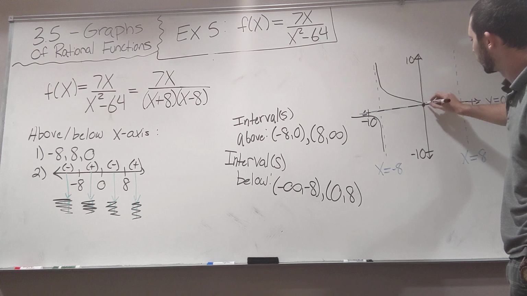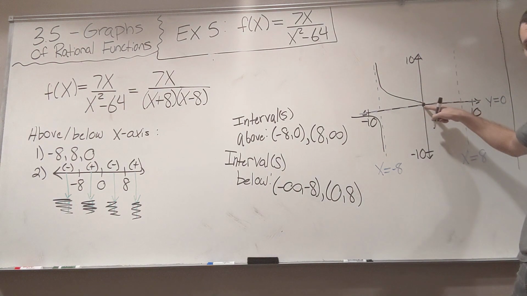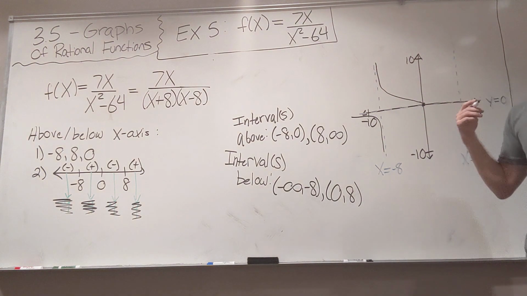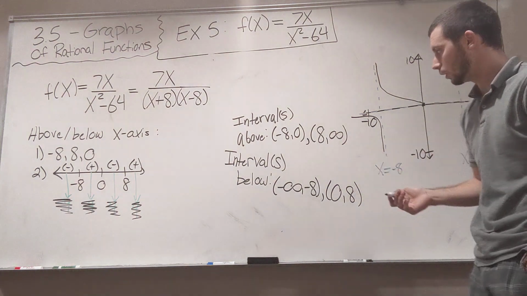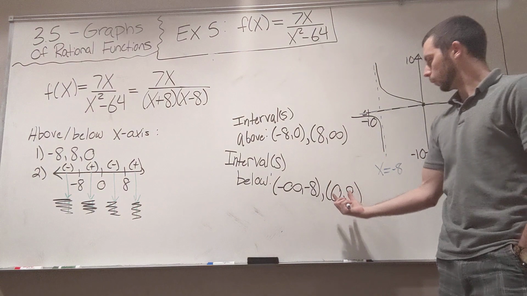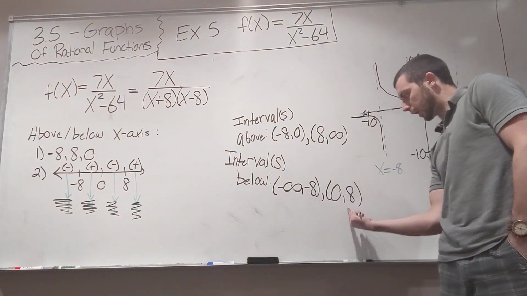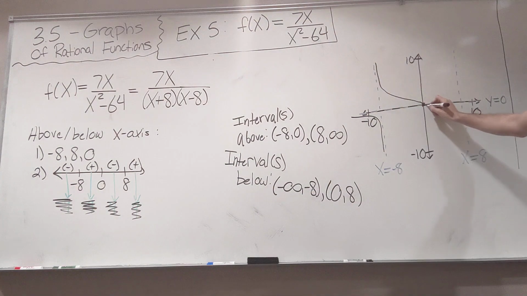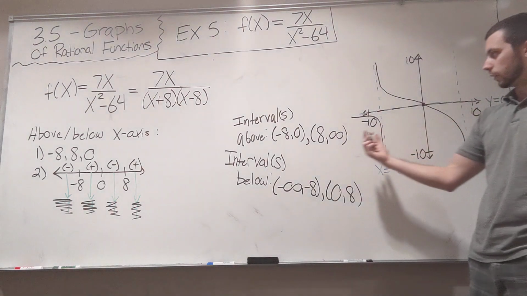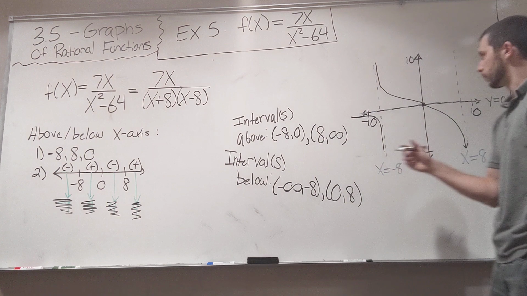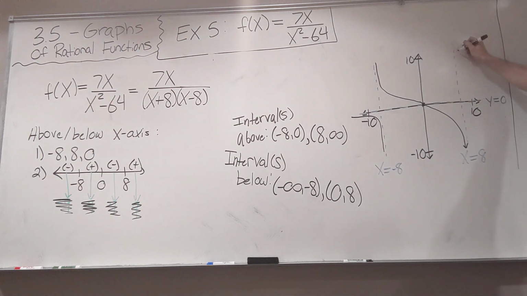We also want to hit the x-intercept, which would bring us right here. And that makes sense because once we hit the x-intercept, we cross, which is when we start to go below the x-axis. So that's another way of saying it just keeps going downwards like this. Finally, from 8 to infinity, that's when the interval is above the x-axis.